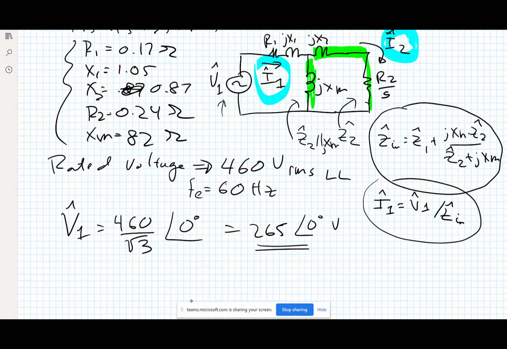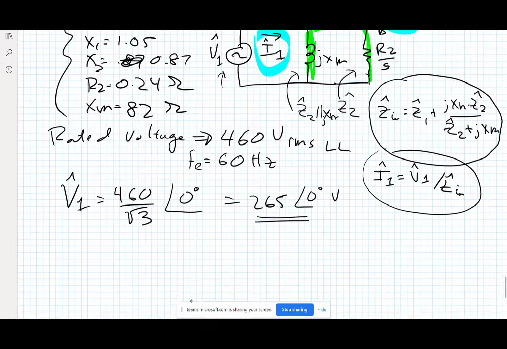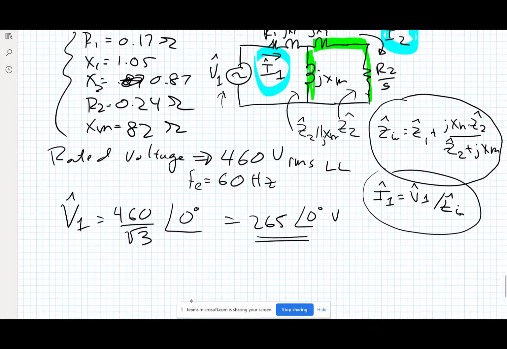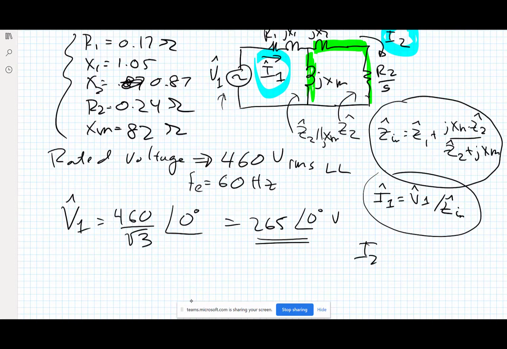Now that I have that, I need to find I2. I have to do a current divider. So I2 would be I1 times jXM over Z2 plus jXM.